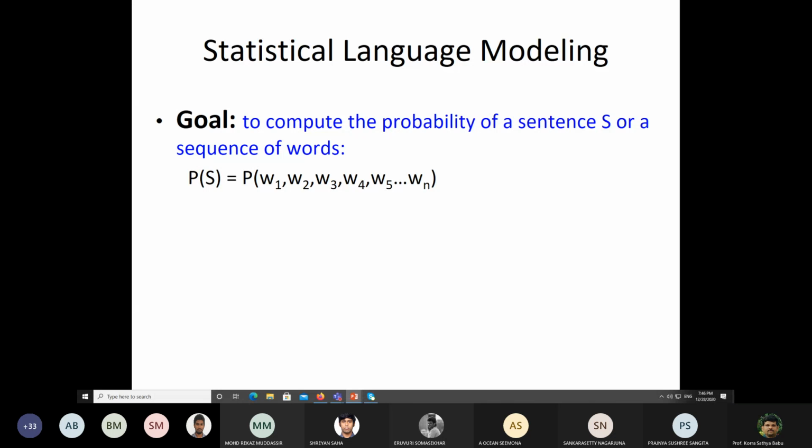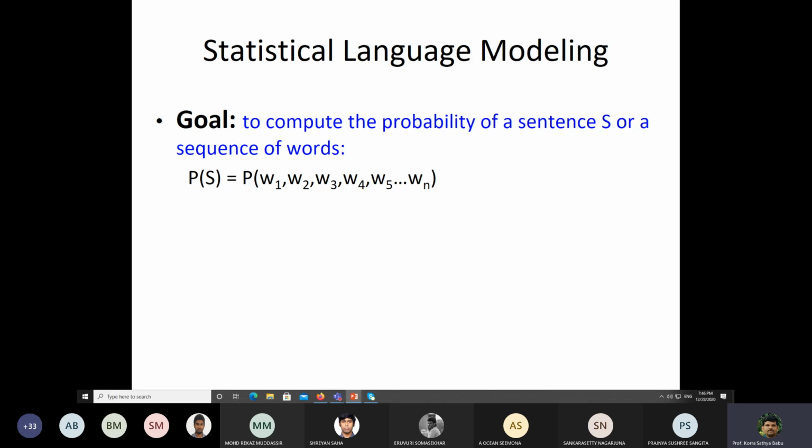So the main goal of a statistical language model is to compute the probability of a sentence S, or a sequence of words, right?